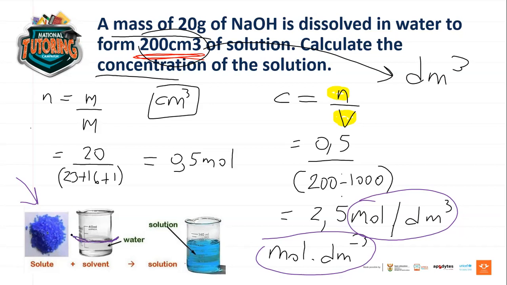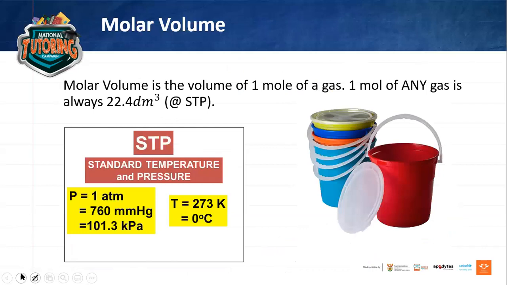So that could be in liters, it could be in centimeters cubed, it could be in decimeters cubed. We always need to make sure that it is in decimeters cubed. And remember, 1 decimeter cubed is the same as 1 liter. But we've got some examples, I think, on that. Okay, let's talk about volume.